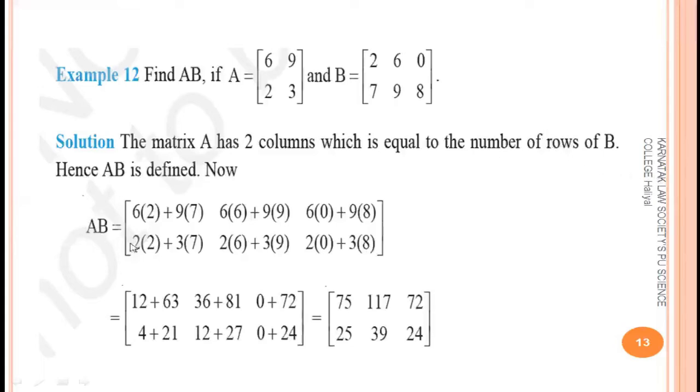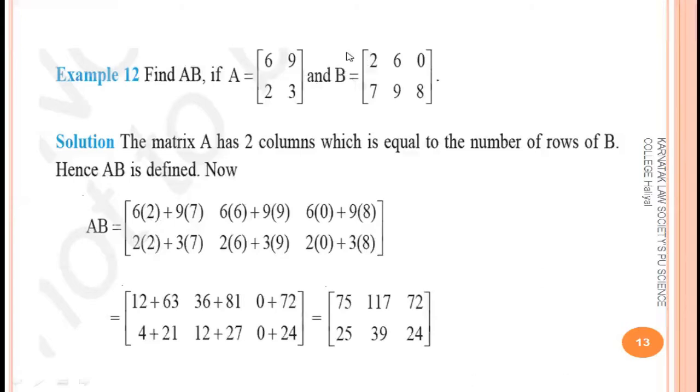Then the product of AB is defined as first row into first column. First row is 6, 9. This should be multiplied with the first column. That is, element wise we need to multiply. 6 into 2 plus 9 into 7.